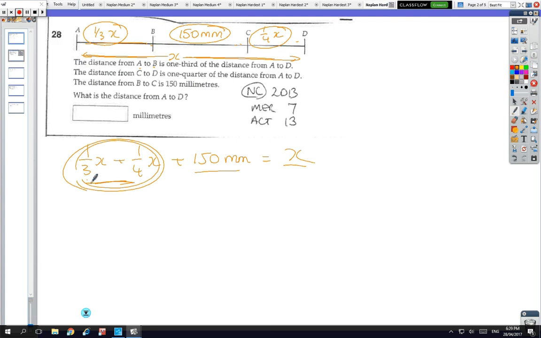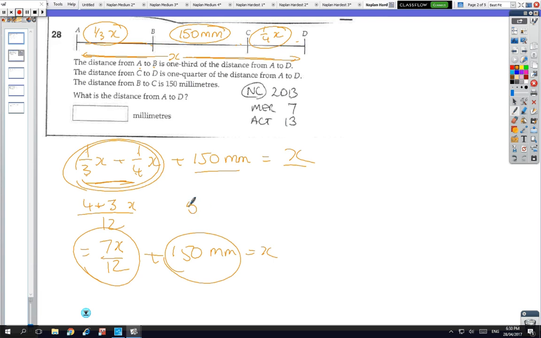So for this fraction, the lowest common denominator is 12. 4 times 1 plus 3 times 1. So that means I've got 7x over 12 plus 150 equals x. Now this is 7/12 of an x, so this must be 5/12, because 7/12 and 5/12 equals 12/12.